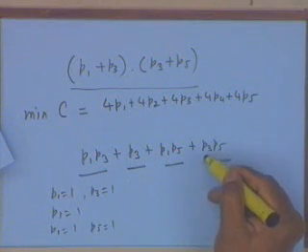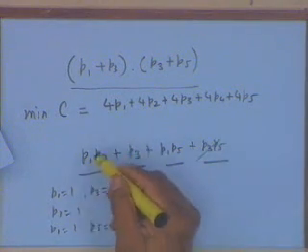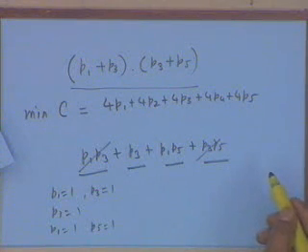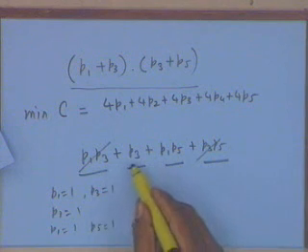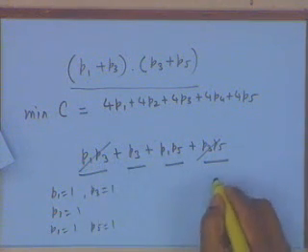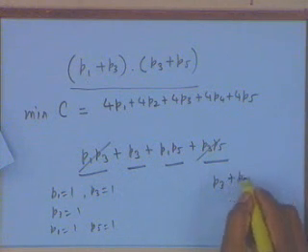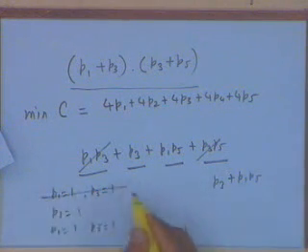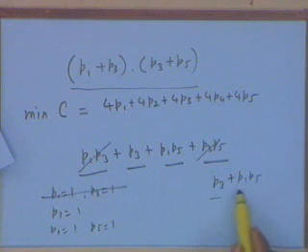So this will get eliminated and this will get eliminated. If I simplify this expression, I can take P3 common and 1 plus P1 gives 1. So the expression that I have is P3 plus P1 P5. So basically I have two options: P3 is 1, or P1 and P5 are 1.